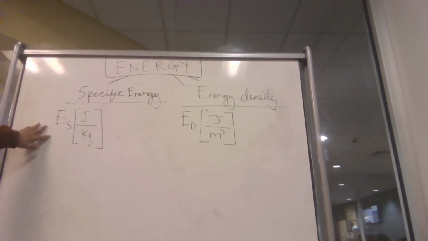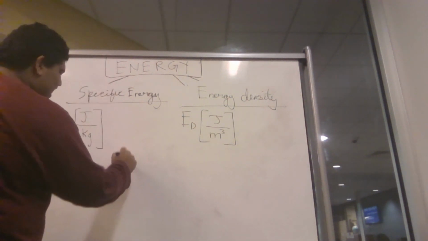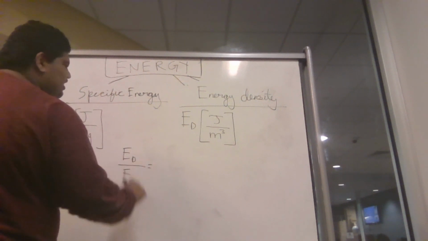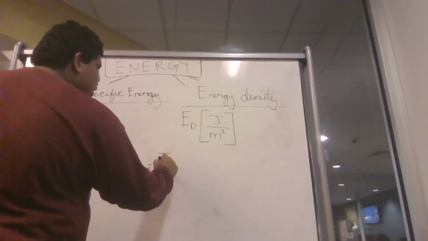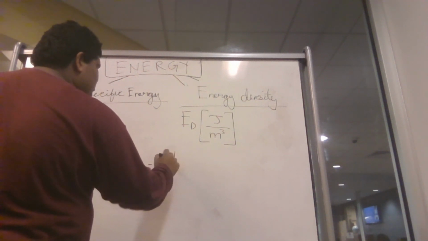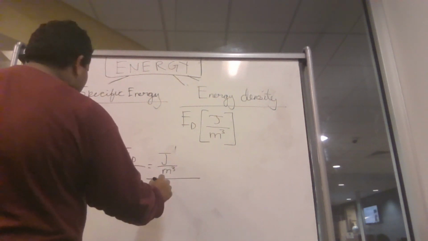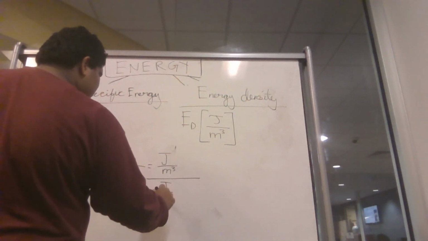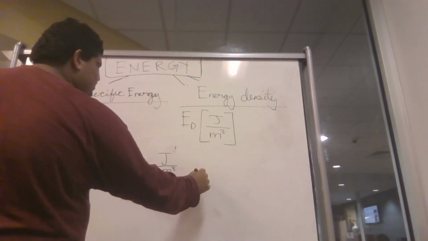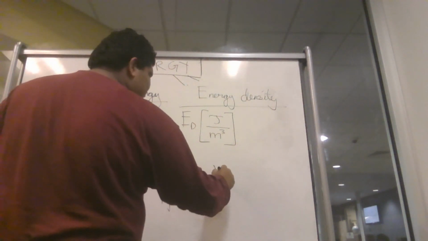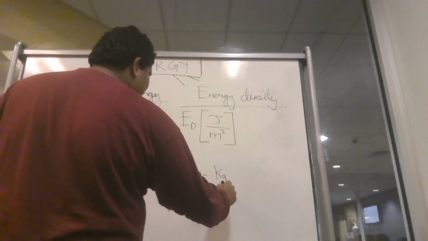Now, let's do a little bit of units here. Say we divide energy density by specific energy. That's joules per meter cubed divided by joules per kilogram. We get, joules cancel, kilograms per meter cubed.